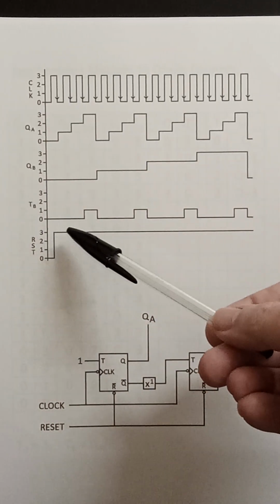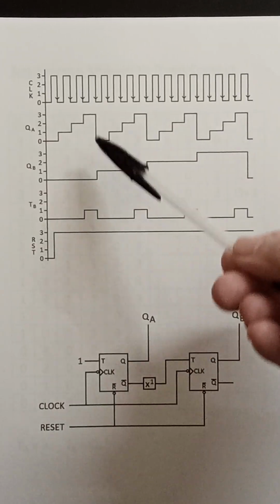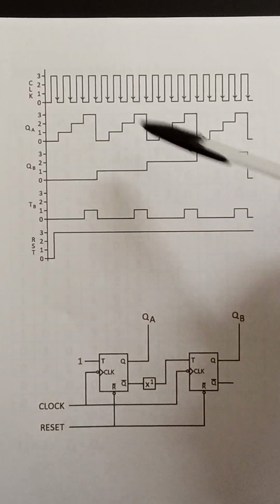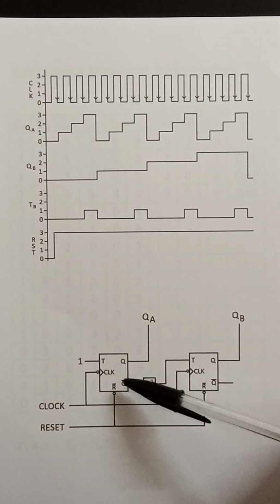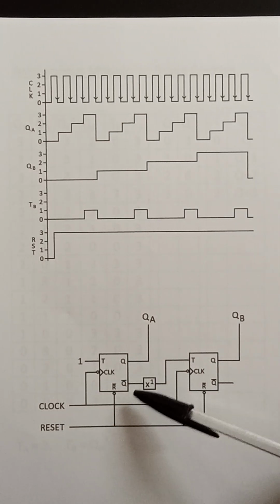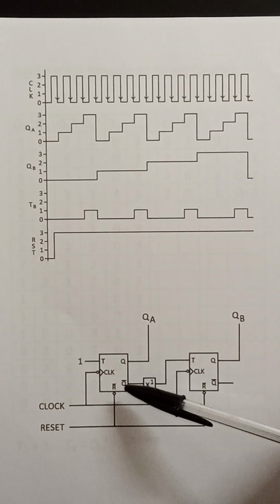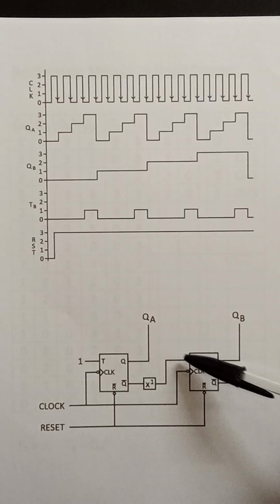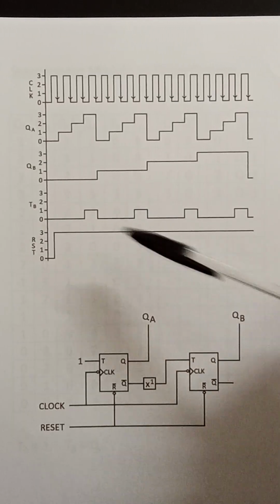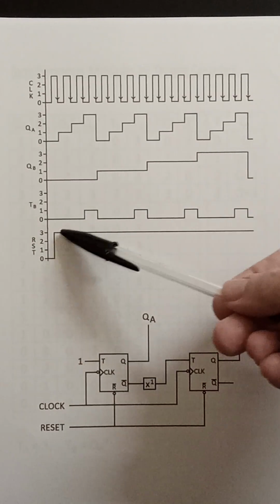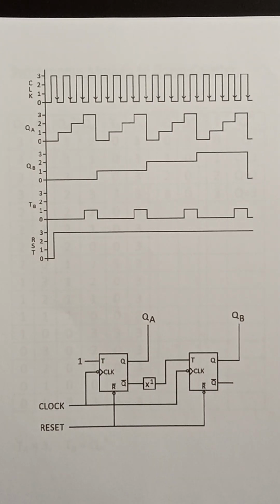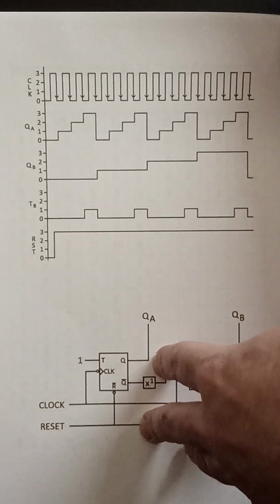And TB is a 1, this is TB here, when QA equals a 3, so not QA would be a 0, so that the input to the X1 gate is taken off the not Q and feeds into TB, which is here. And I've included a reset there, which is here. Right, so that's the synchronous modular 16 up counter.